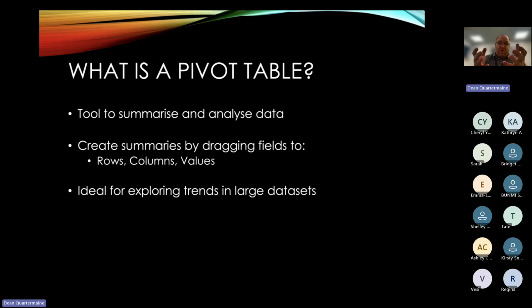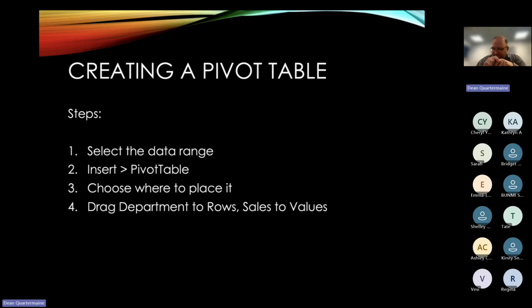So that's what a pivot table is. How do you create one? Well, it's really those 4 steps there. Now, the 4th step is very specific to what I'm going to demonstrate, but ultimately, select the range of data, go to the toolbar at the top of the Excel workbook, insert pivot table, and tell it where you want to put the pivot table.